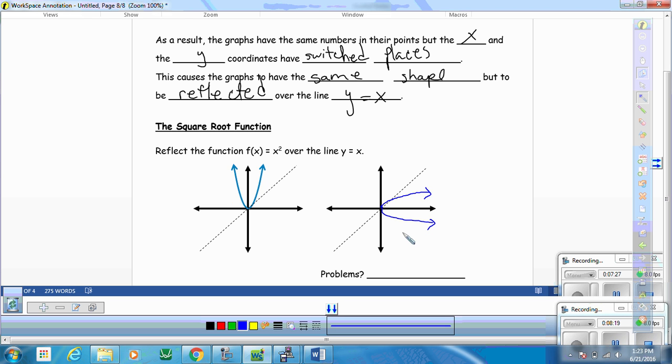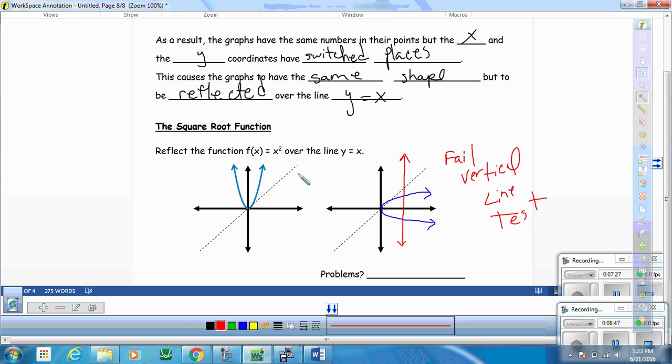To be a function, every x value can only have one y value. If we're looking at graphs, we had something called the vertical line test that could help us figure that out. Well, this is going to fail the vertical line test. This is not a function.